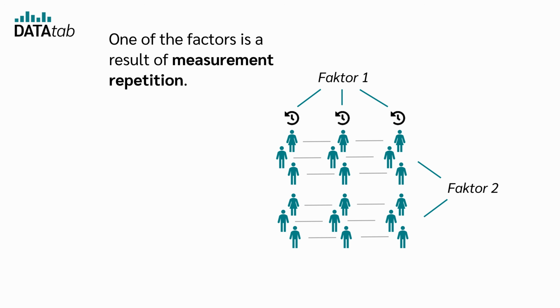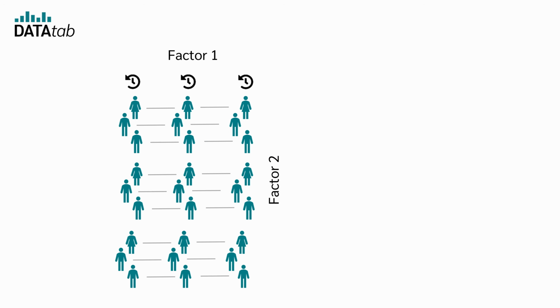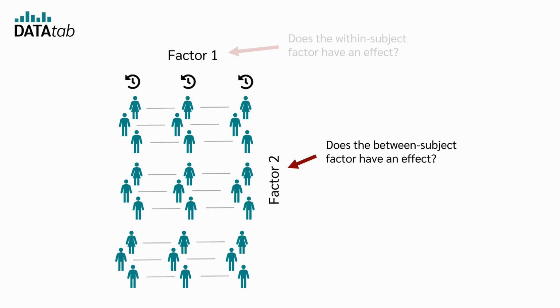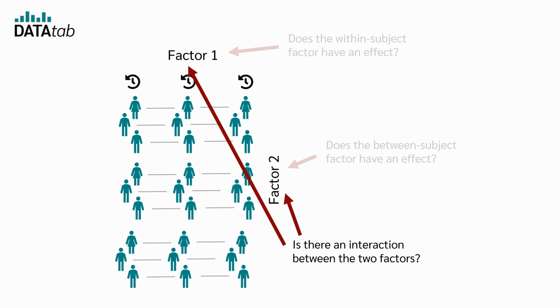One of the factors is a result of measurement repetition. With the help of a mixed model ANOVA, you can now answer 3 things. First, whether the within subject factor has an effect on a dependent variable. Second, whether the between subject factor has an effect on a dependent variable. And third, whether there is a so-called interaction effect between the 2 factors.